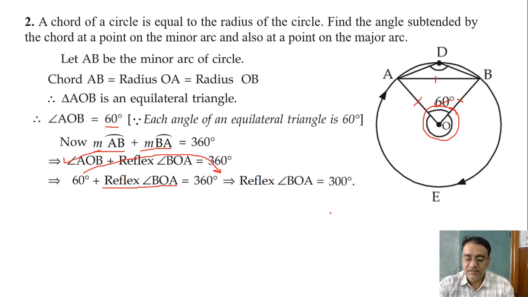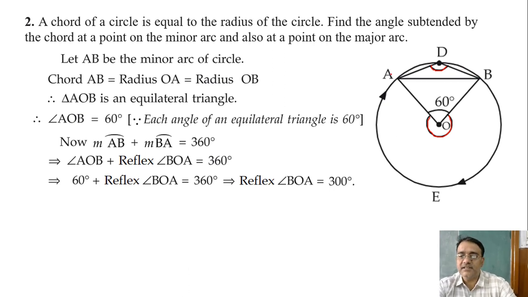Okay, right. Now this reflex angle is double of this angle, angle ADB, or angle BDA. Why is this angle double of this angle? Angle subtended by an arc at the center is double, or twice, the angle subtended by it at any point on the remaining part of the circle.